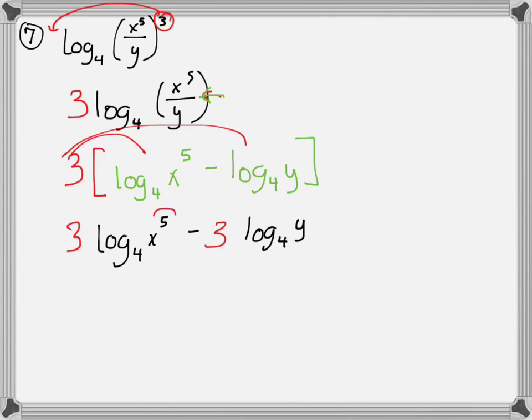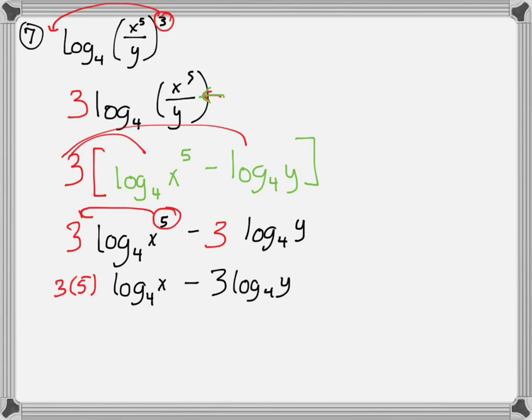Now notice there's another exponent, so that 5 needs to move forward. So you have 3 times 5 log base 4 of x minus 3 log base 4 of y. 3 times 5 is 15 log base 4 of x minus 3 log base 4 of y.